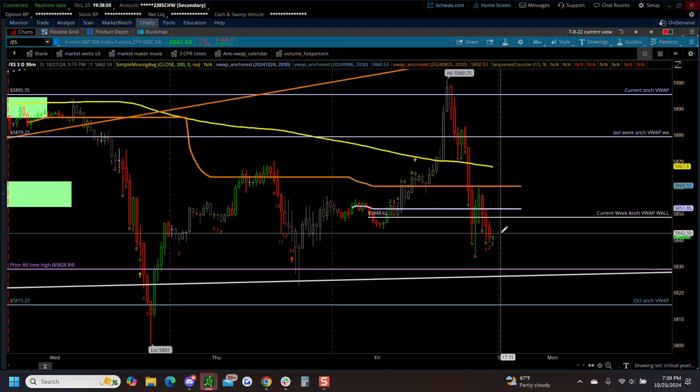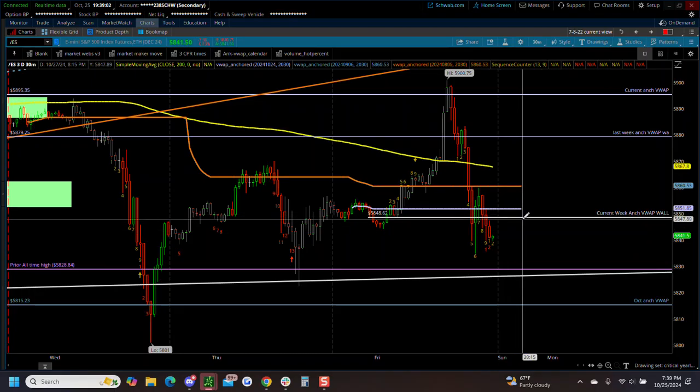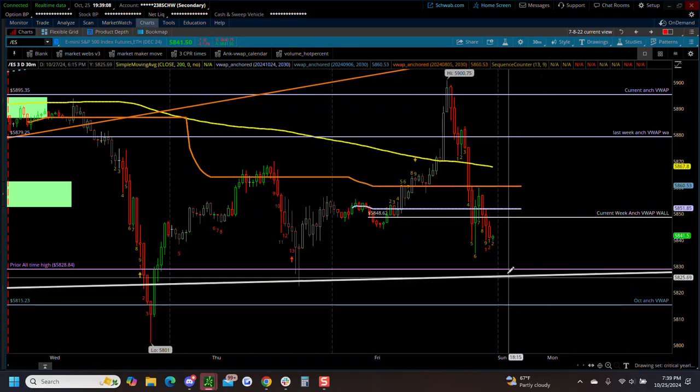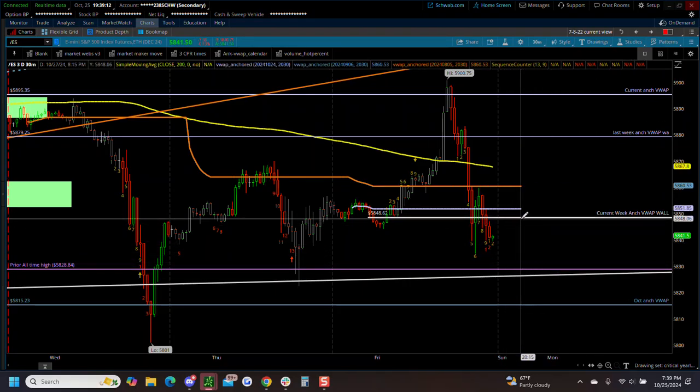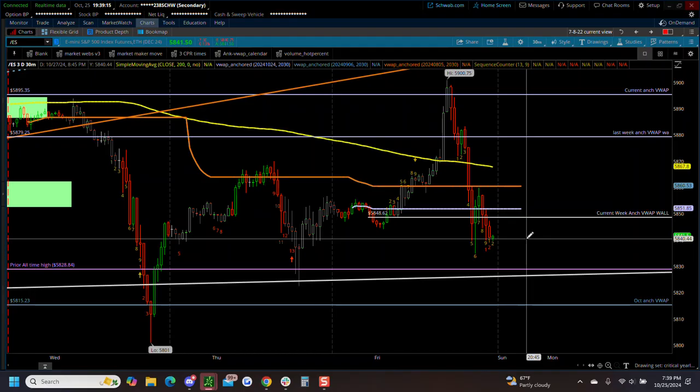You're not going to really visit much above the current anchored VWAP during the week to kick off Monday. They're going to be backtesting first thing Monday morning if you're below that anchored VWAP. So it keeps you on the right side of the trade early on Monday morning.